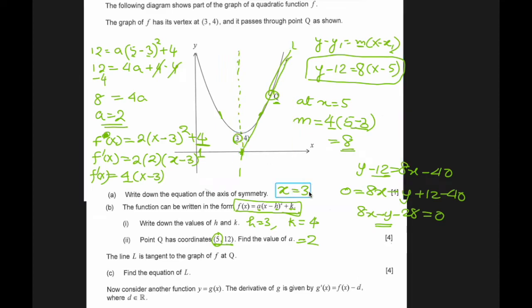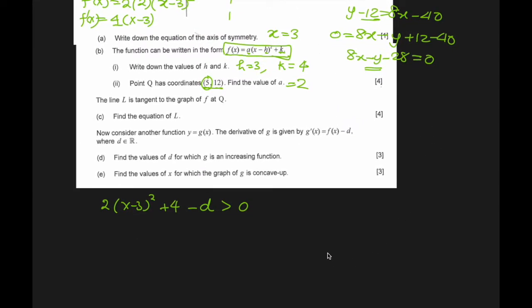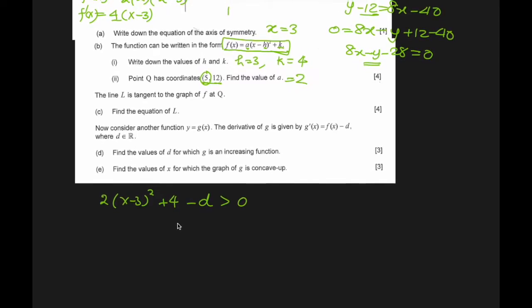That means d has to be less than 4 so that this whole graph remains positive all the time. So we will say d is less than 4, because we want positive, we don't even want 0.